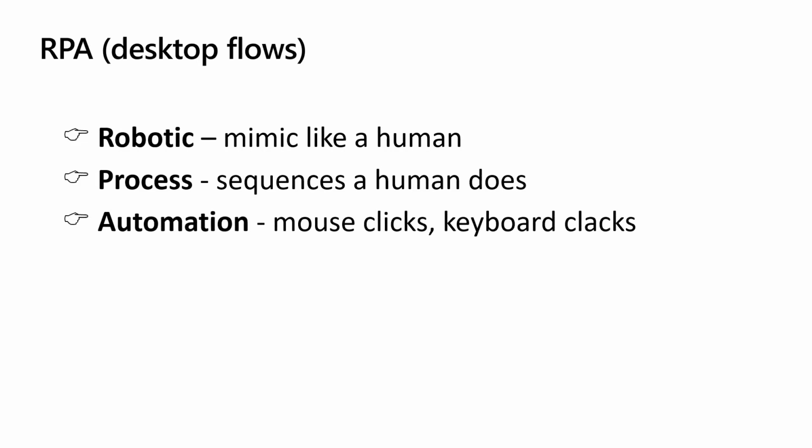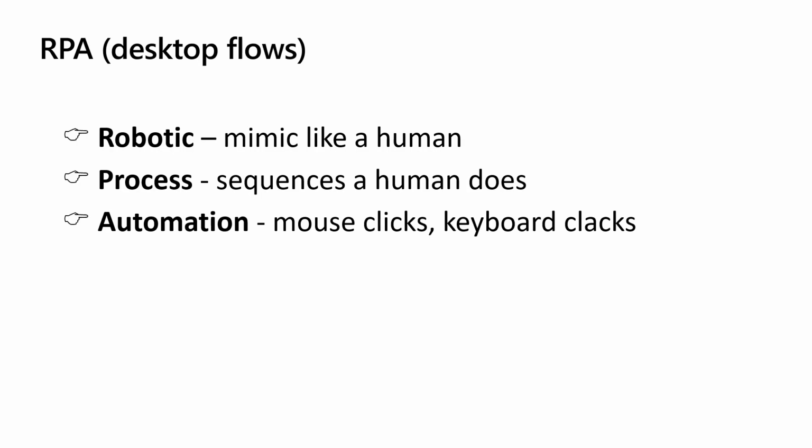So what about RPA then? What's the difference between RPA and DPA? RPA, also known as desktop flows, stands for Robotic Process Automation. In this instance, robotic means mimicking a human, doing the same sequences that a human does. But this time the automation is automating the mouse clicks and the keyboard clacks of a human.